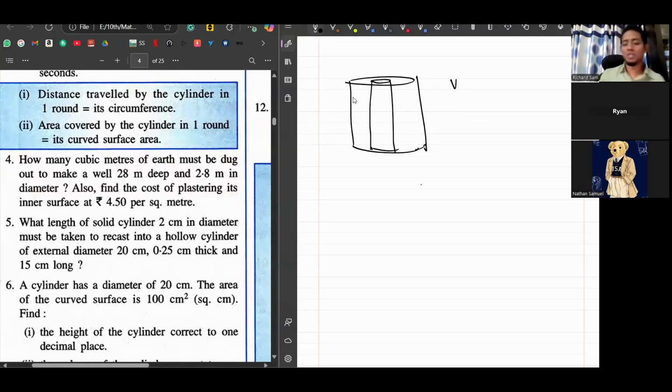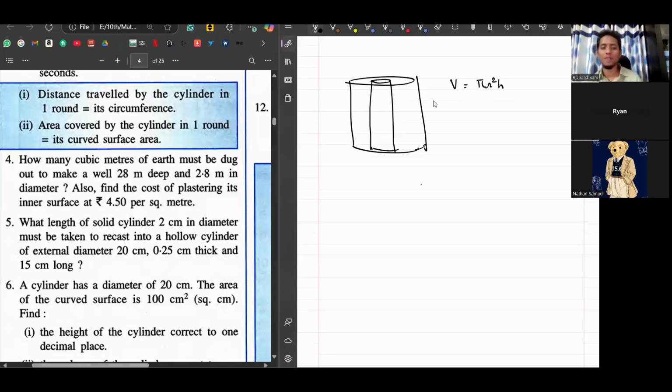What will be the volume formula? Now you have to derive it. As I said, there's so much to derive. See, imagine a cylinder, and from that cylinder, you're removing the middle part of it. So the volume of the cylinder will be the whole cylinder's volume minus that cylinder that you have removed from inside. Correct? So what is the whole cylinder's formula? Pi r square h.